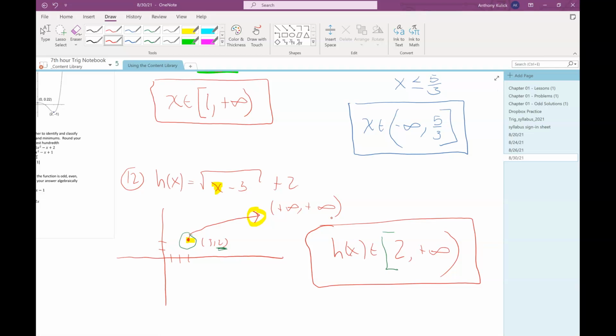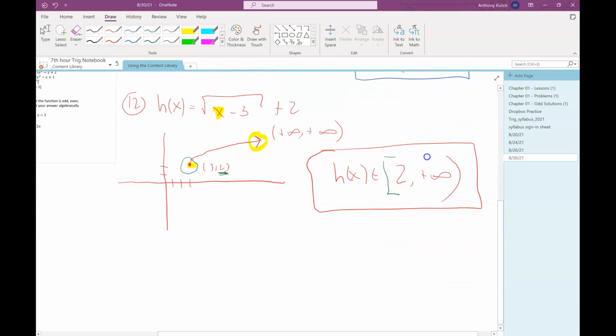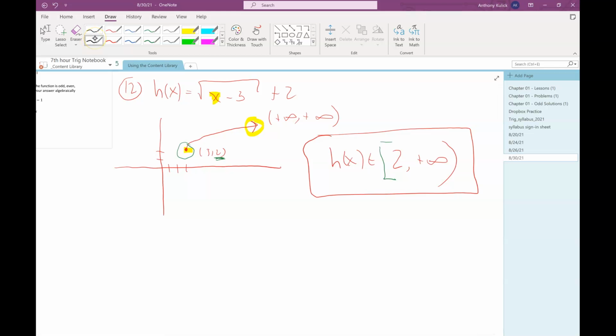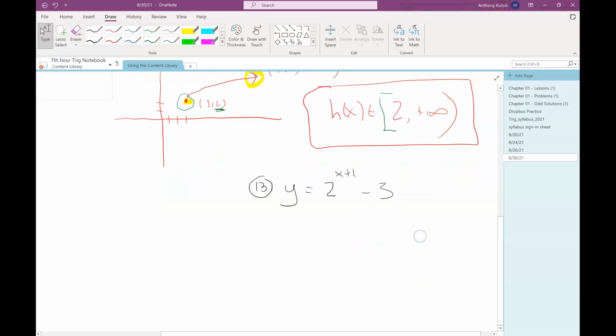Claire? Would there ever be a problem like this that you would put a bracket around that? Sure. Do you want to see an example? Okay. So I'm going to refer to an example from last year. Let's say we have y equals 2 to the x plus 1 minus 3. So this is an exponential function, right?